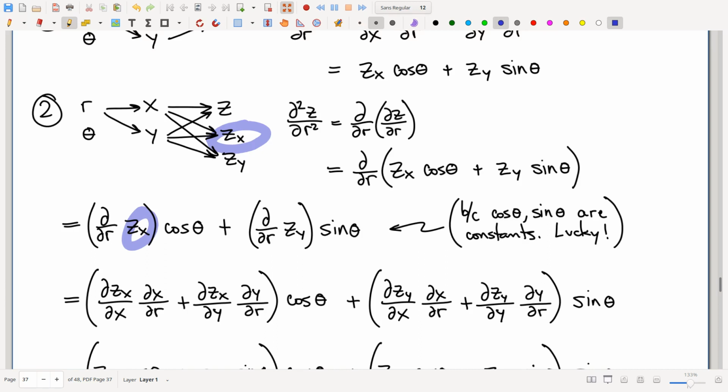But very importantly, we hold y constant temporarily for the purposes of that computation. The result is that Zx is a function of x and y, right? So after you've computed it, x and y continue to be variables. Does that make sense?